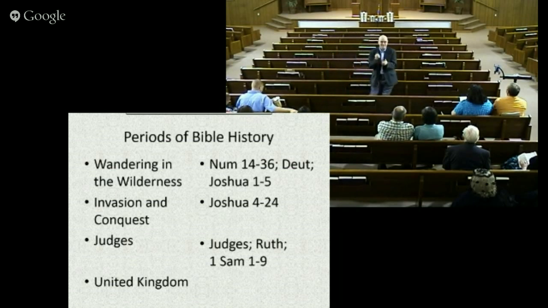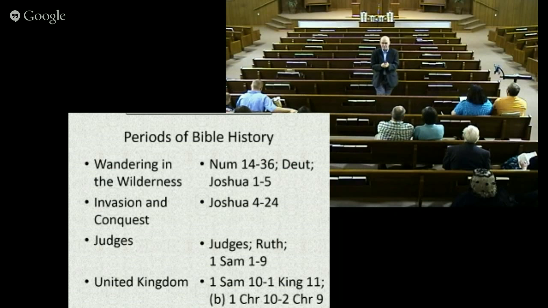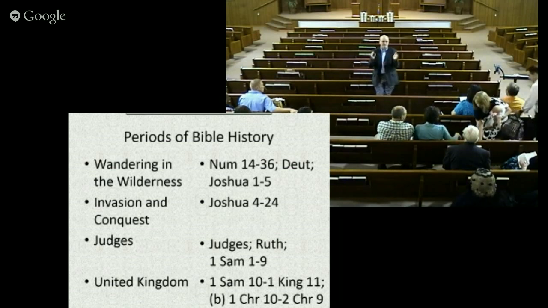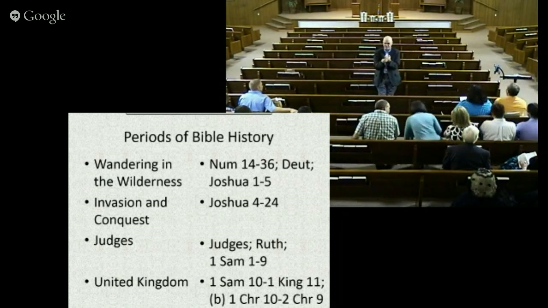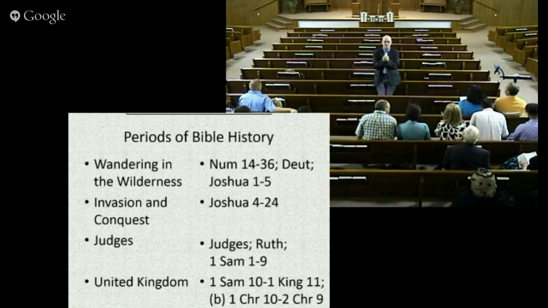So then the United Kingdom comes in, and we have the rest of the book of 1 Samuel, 2 Samuel, and the first part of 1 Kings. So everything there is in nice, logical, chronological order with the names of where the books are in the Old Testament. Now, one little twist to it gets a little complicated. This is where the hard part starts.